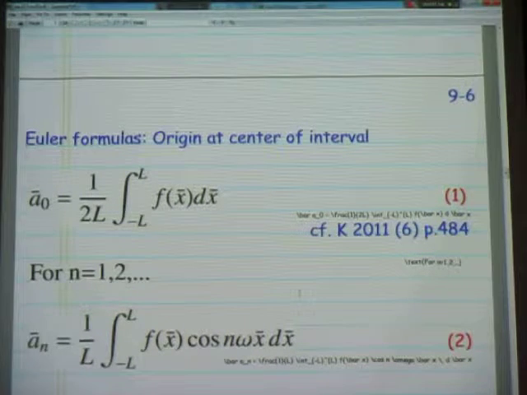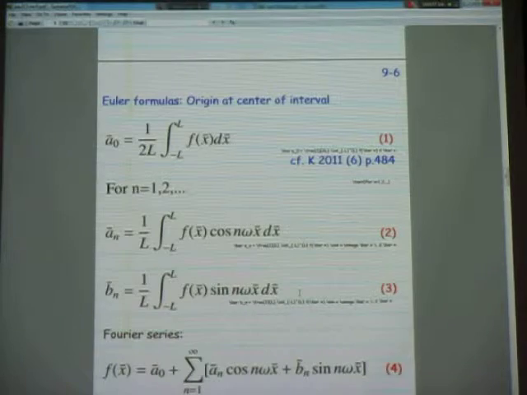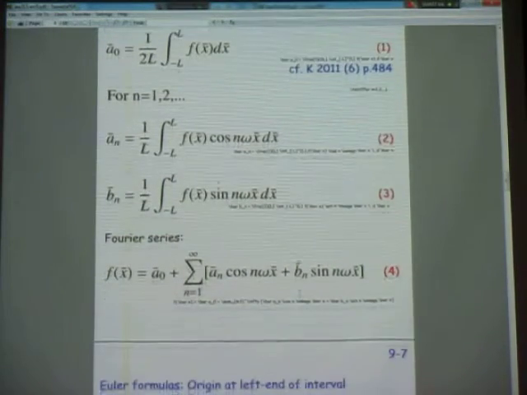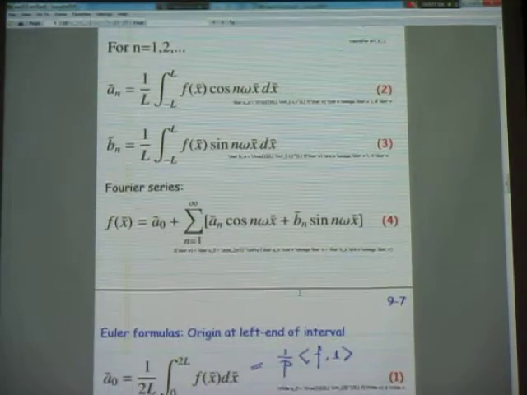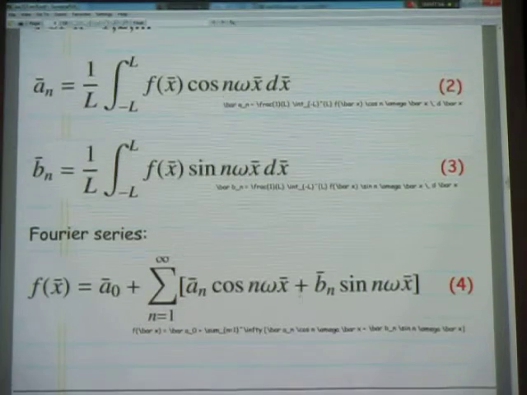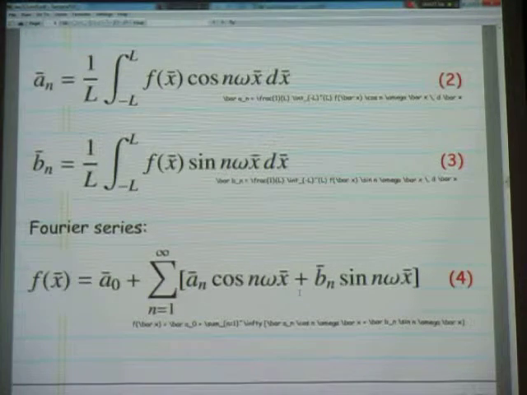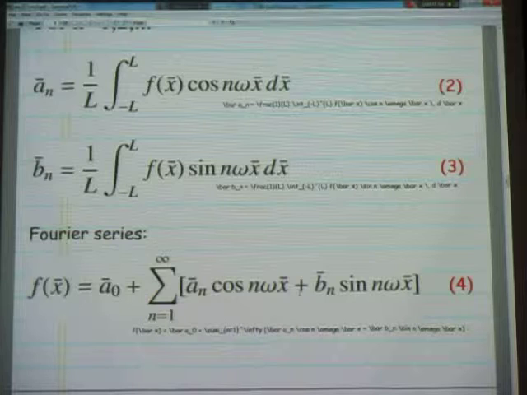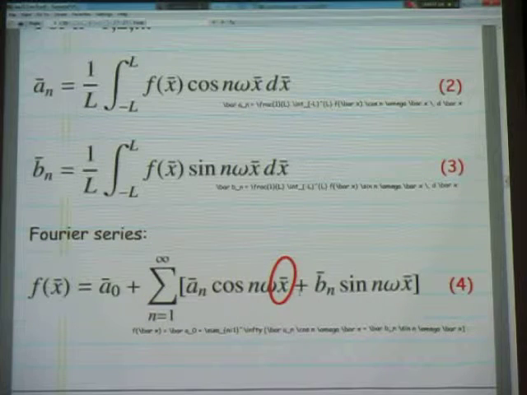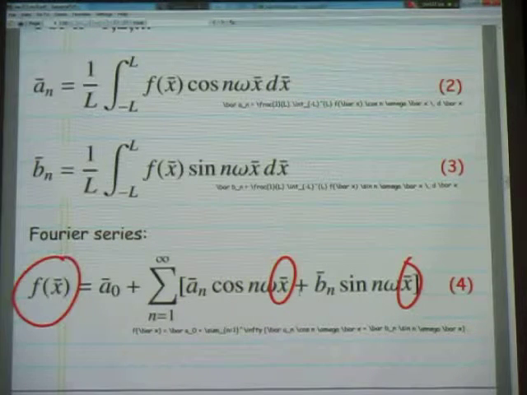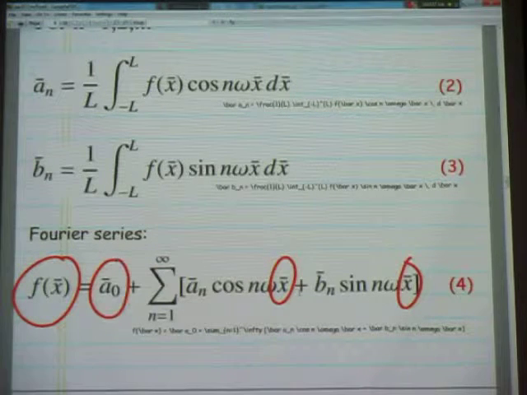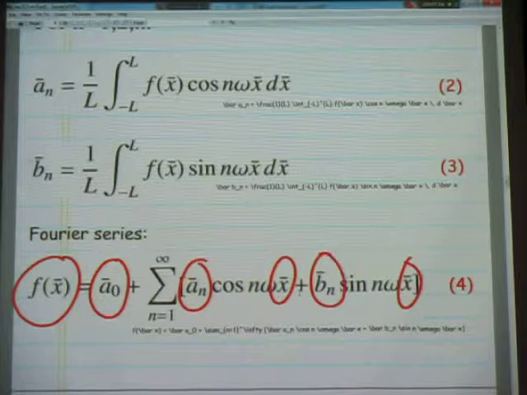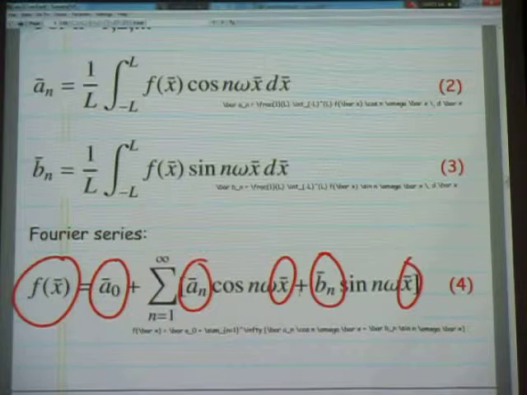Oh, yeah, it's at the bottom. So let me zoom out right here. Okay, so I just reverse the order. The Fourier series is now written in terms of x bar. Okay, and so this is the function f in terms of x bar. So the question is to find the coefficients a bar 0, a bar n, and b bar n.